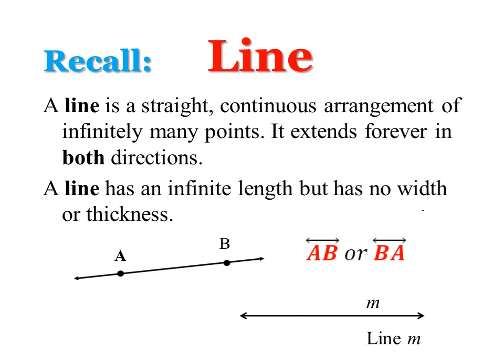So, in the first figure, we can name it as line AB or line BA or line M. Take note of the symbol of a line. The symbol above AB or BA is the symbol for a line.